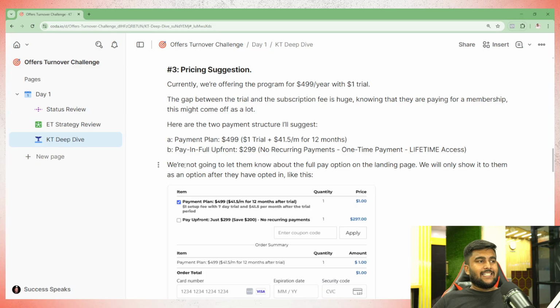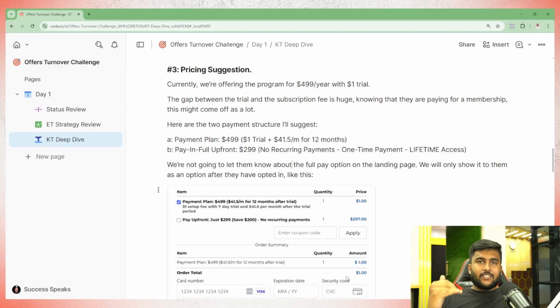So we are not going to let them know about the full pay option on the landing page. So how I structured this was that throughout the landing page we are going to let them know that it's 499, 499, 499. However, when they go through a two-step order form, which basically means on the sales page, there's this order form where people first have to put their name and email address to go to the next step to pay for our offer, right?